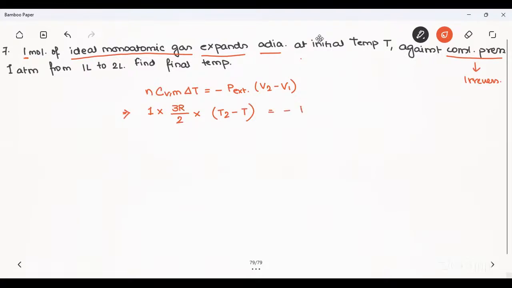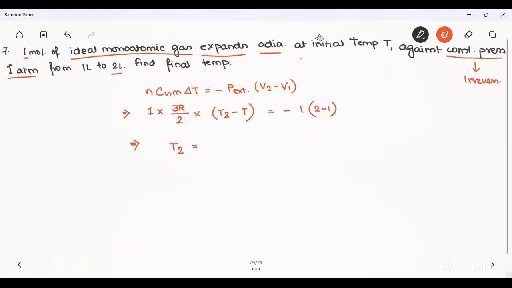It equals minus P external, which is 1 atm, and V2 is 2 liter, so 2 minus 1. Easy. Just solve it for T2. Like this, you will get the answer in terms of R and T.